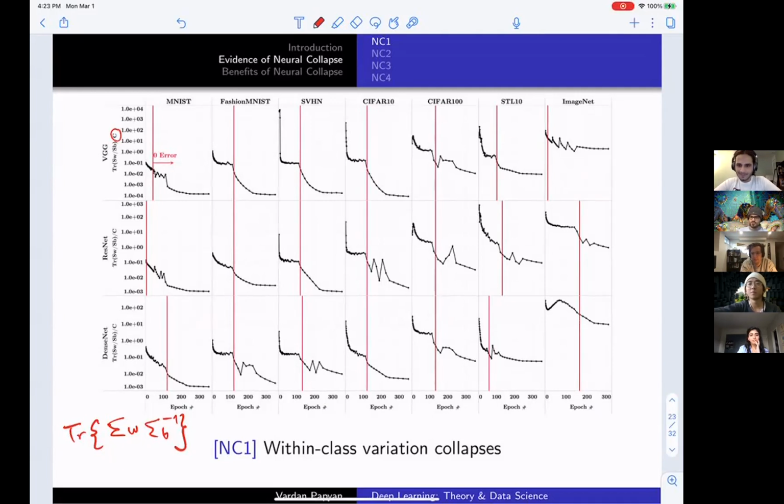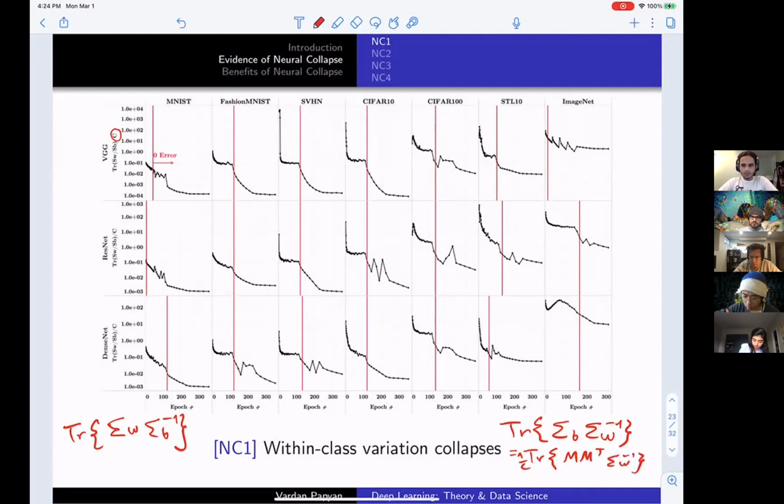Let me just show you a related quantity just to evoke some intuition. Imagine if we were to measure the between class covariance multiplied by the within class covariance inverse. Recall that the between class covariance is equal to 1/C times M M transpose, where M is a matrix whose columns contain the class means minus the global mean.